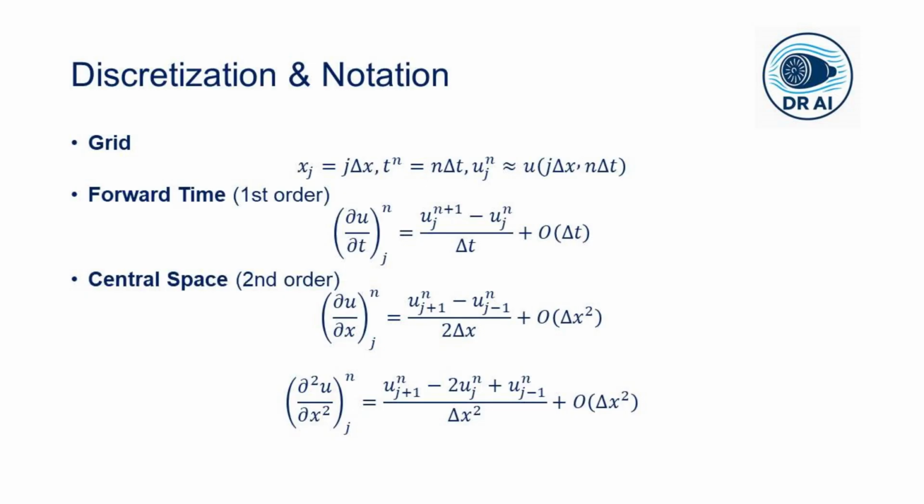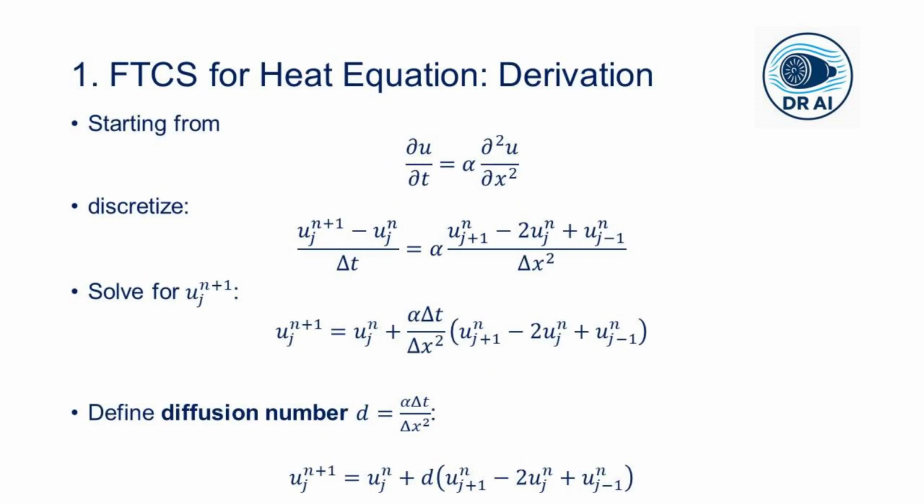Now we need to replace the derivatives with algebraic approximations using Taylor series. We expand u_j^(n+1) around u_j^n. It can be represented as this particular equation as displayed, and solving for the time derivative we find the final equation, which is first order accurate.